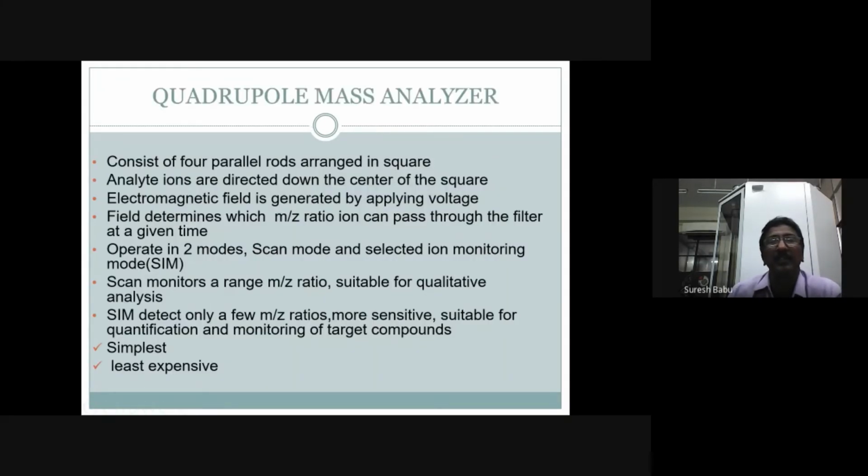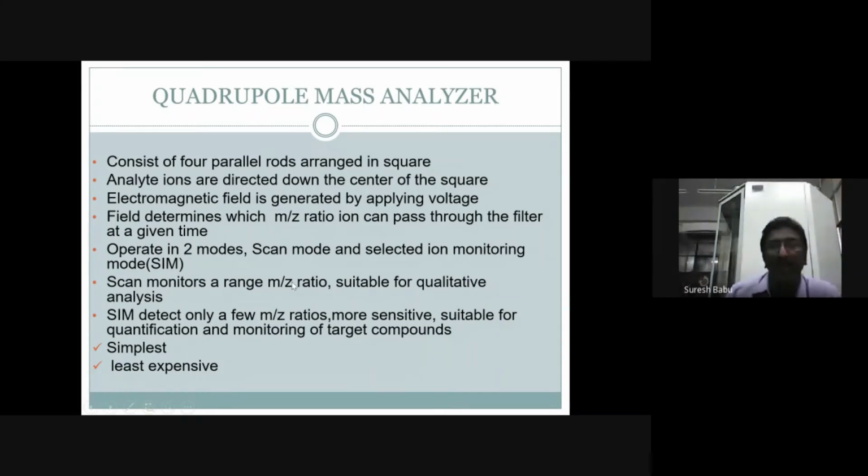Actually, this quadrupole mass analyzer operates in two modes. One is scan mode, and second is selected ion monitoring mode. Scan mode simply scans, whereas SIM mode is for specific ions, that is ions having a short range of mass-to-charge ratio.